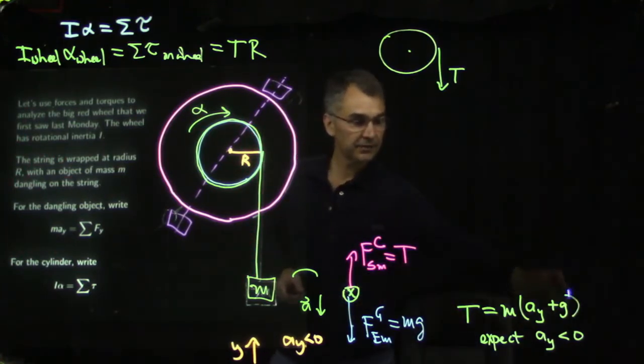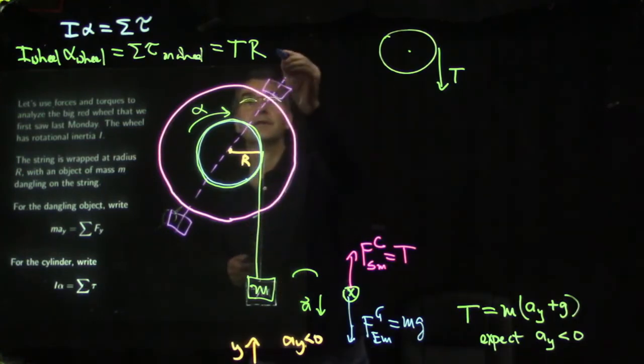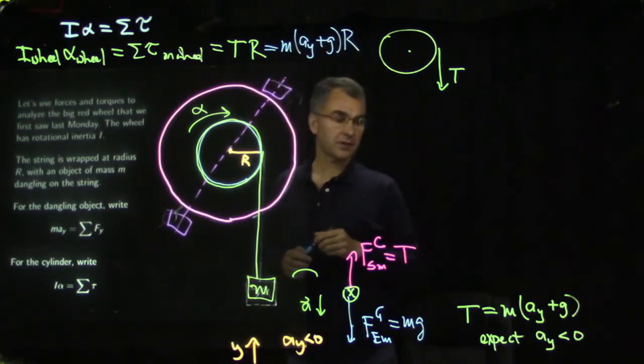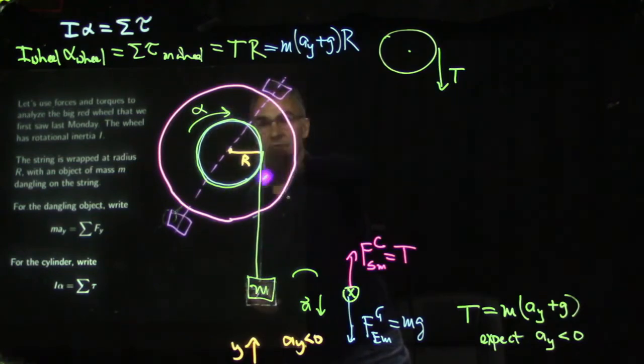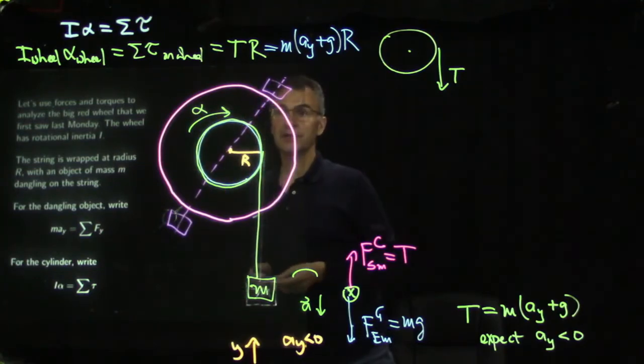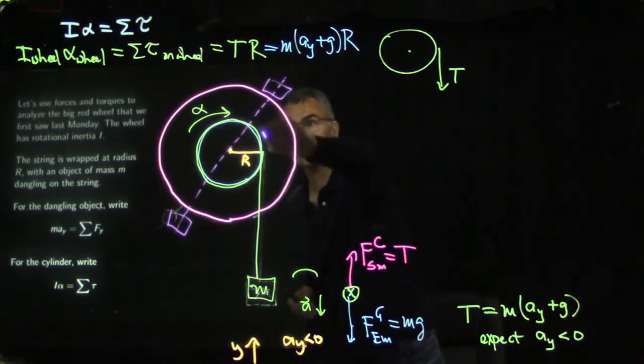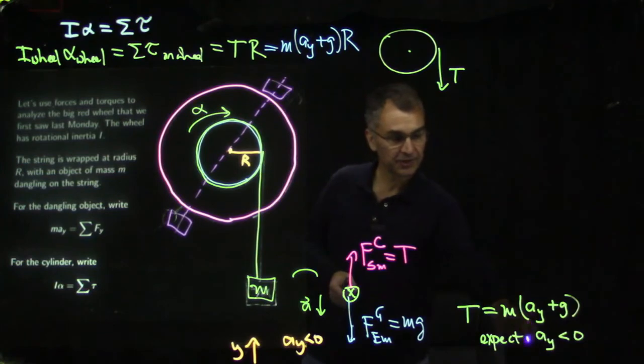So then we can plug in this expression for the tension, and we get that this is m times (a sub y plus g) times this lever arm r. Then, as long as the string is wrapped tightly around the wheel, every time the string goes down by one circumference, the wheel will go around by one revolution. So we can write, just as we wrote arc length is r times theta, and v equals omega r, the magnitude of a sub y equals alpha r, except that we said a sub y was negative.